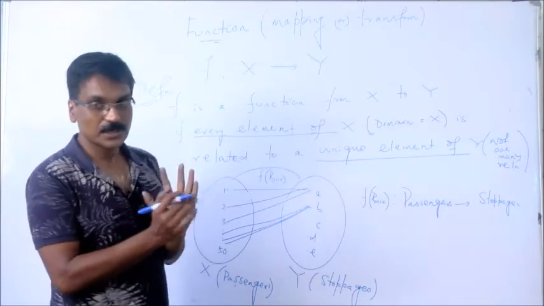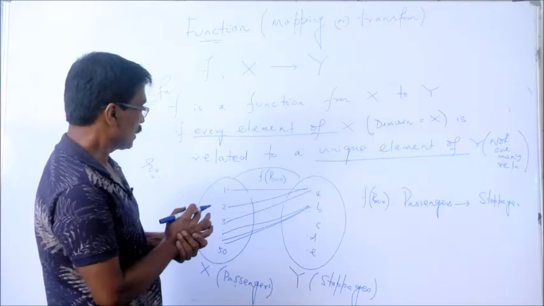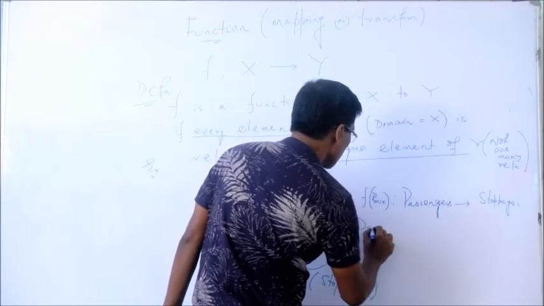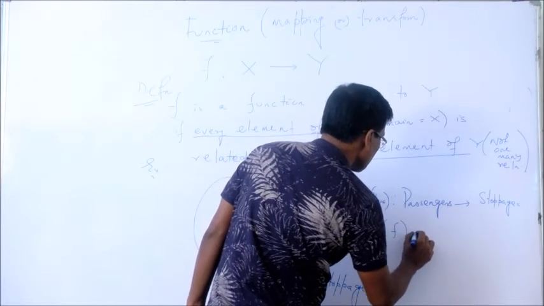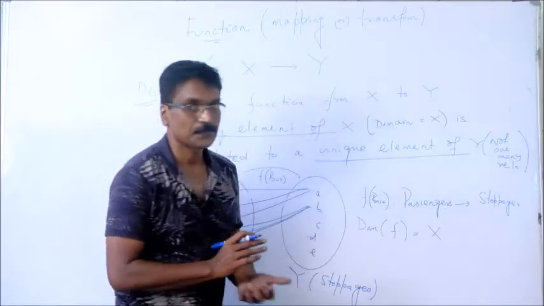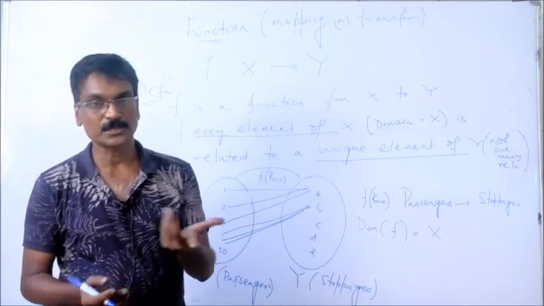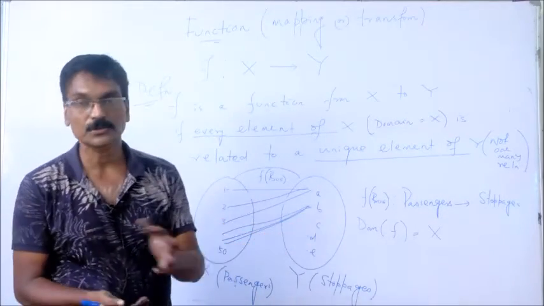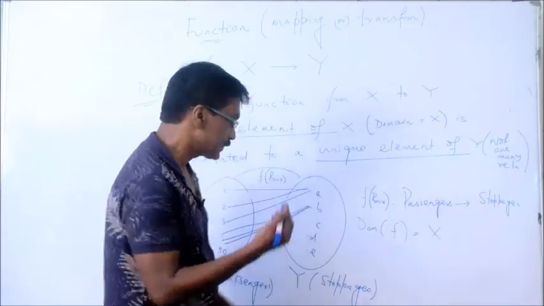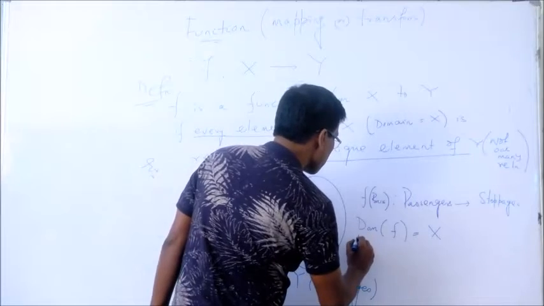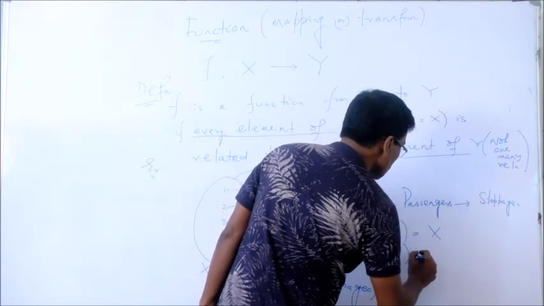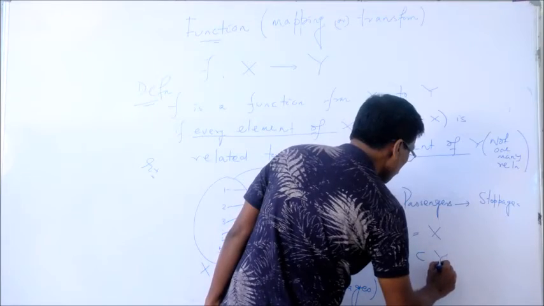So, we have next few examples. Obviously, the domain of a function is always equal to x set. If domain is not equal to x set, then obviously it is not a function, it is a relation. So, domain is always equal to x set, and range is a subset of y set.